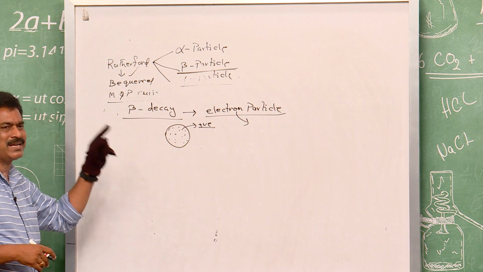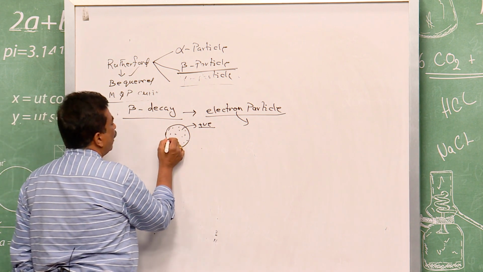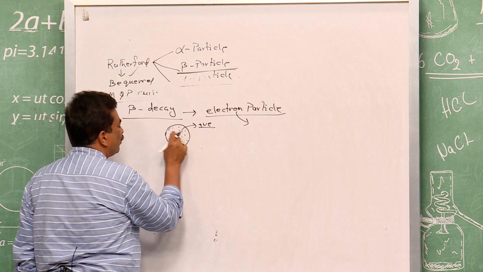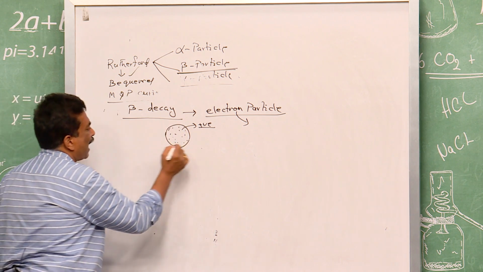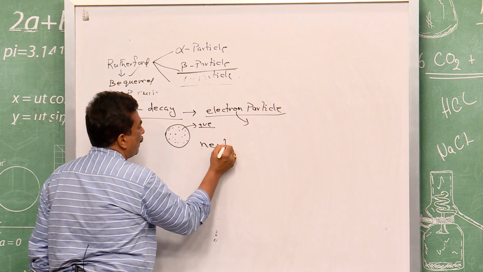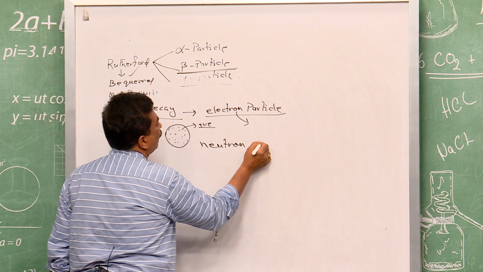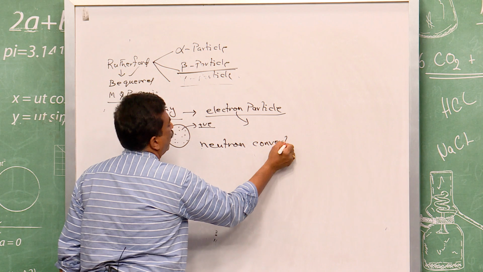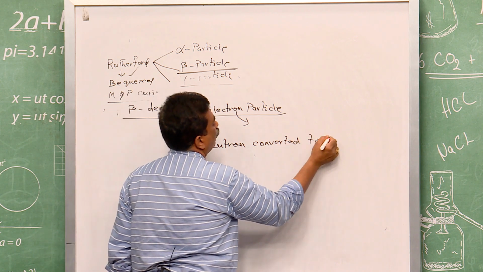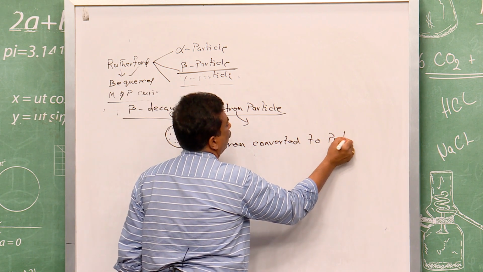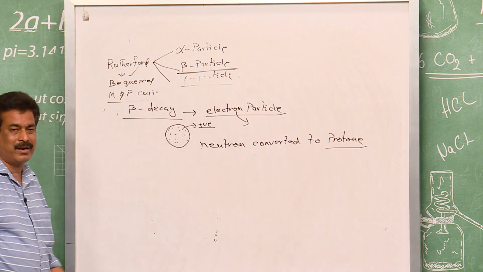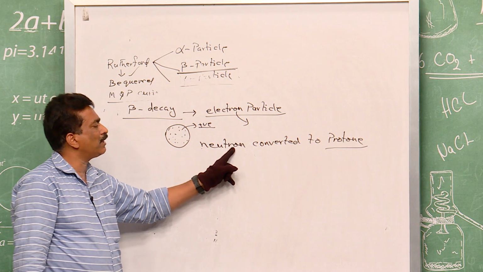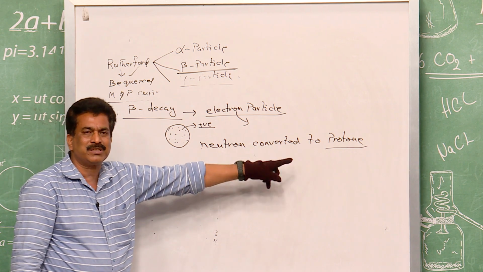And in this case, it happens that the neutron which is present inside the nucleus is converted to a proton. The neutron is converted to the proton, but the neutron is neutral and the proton is of positive charge.